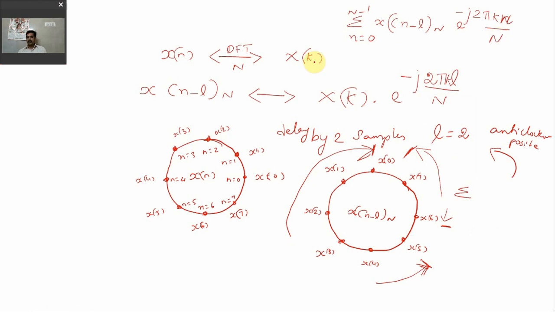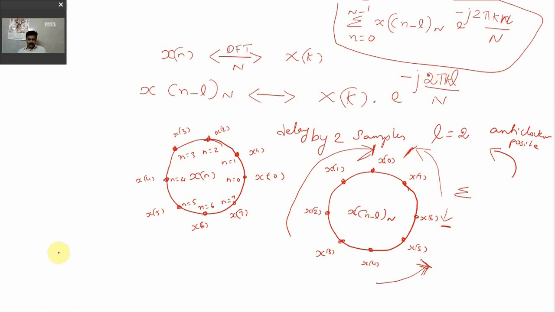Now this is the entire sequence, and we are splitting this into two. From the first part, how many samples have you delayed? Two samples, so the value of L is 2.